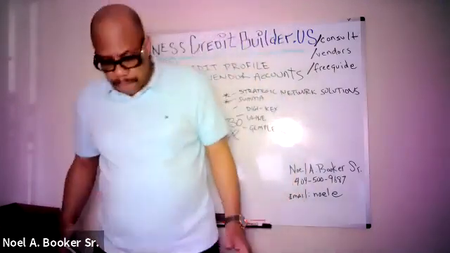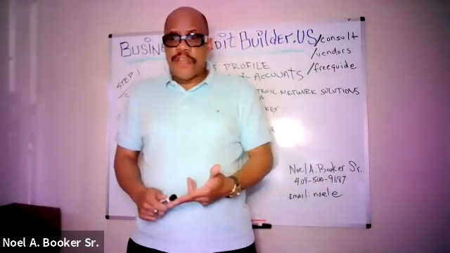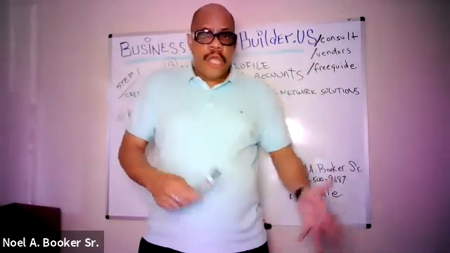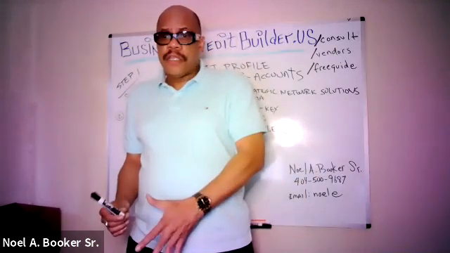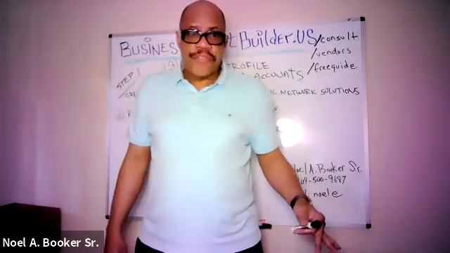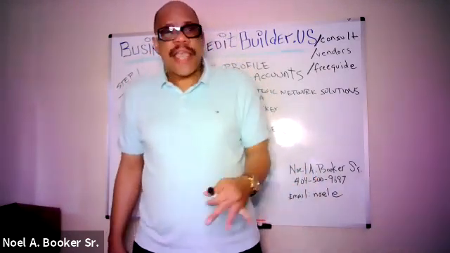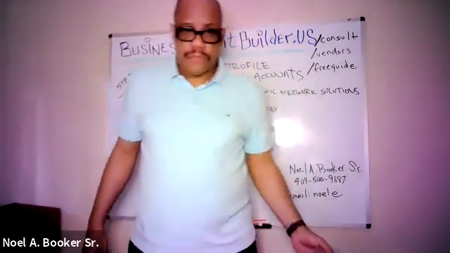So, like I told you before, some vendors will give you a little bit of credit and then you have to pay it off in 30 days. They call these net 30 accounts, also known as vendor accounts.